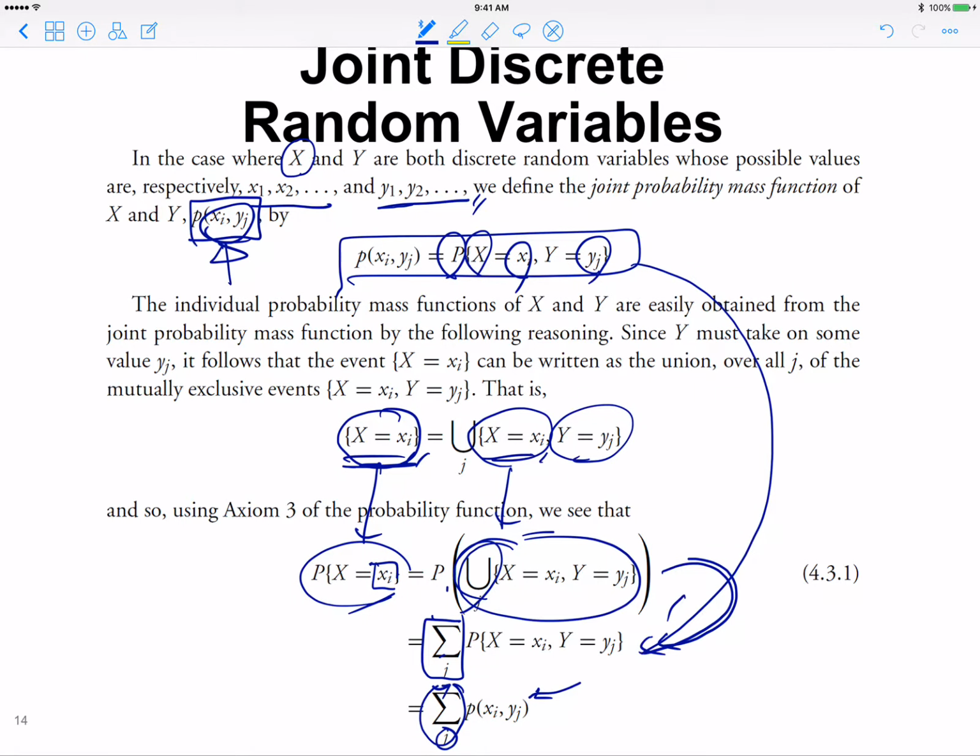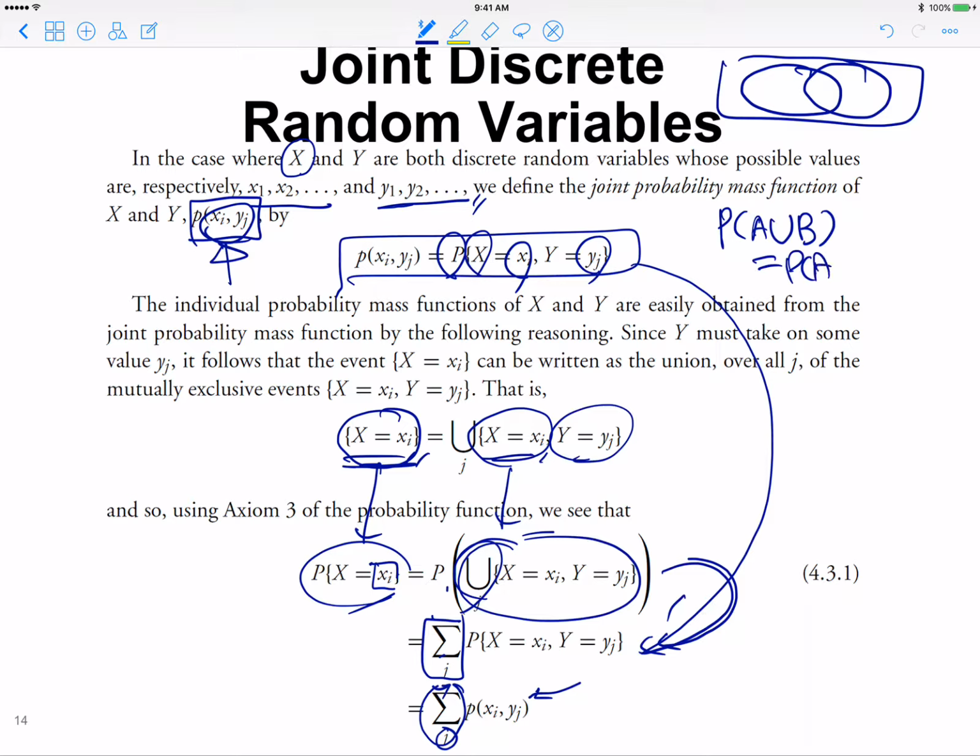So in general, if there are two events in our entire universe, then the probability of A union B is P of A plus P of B minus P of A cap B, right? Or the intersection of A and B.